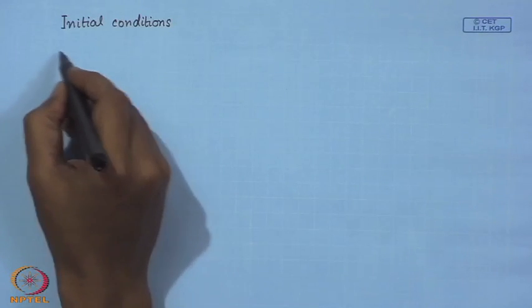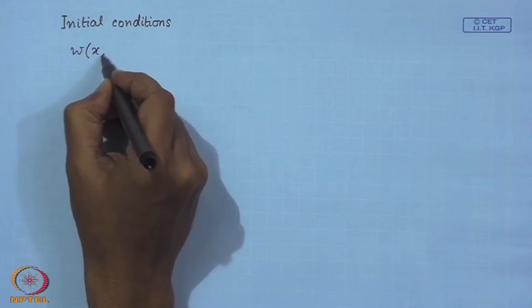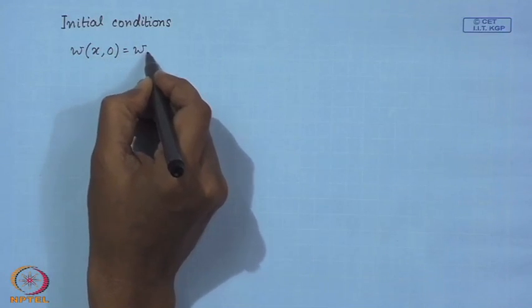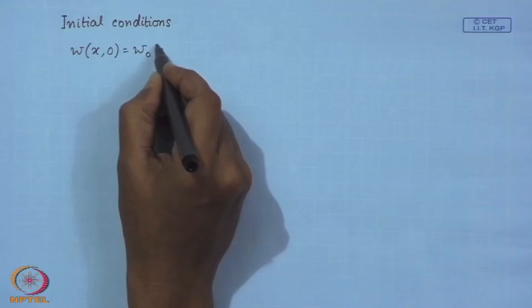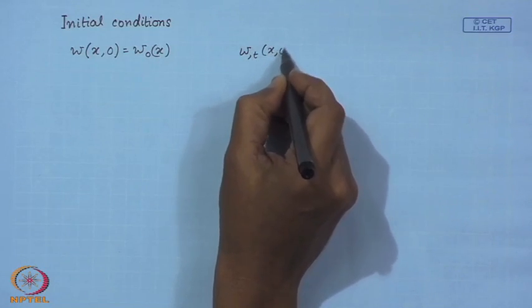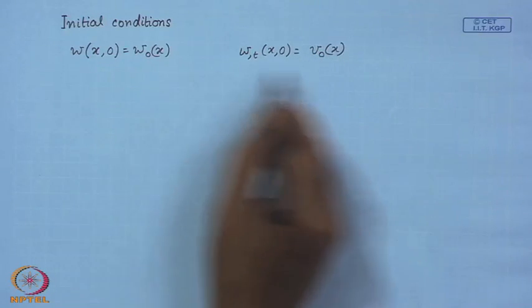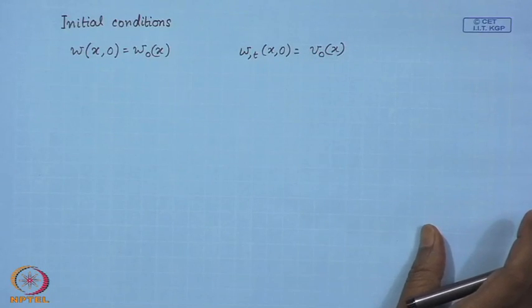Now, we are given these initial conditions on the field variable.